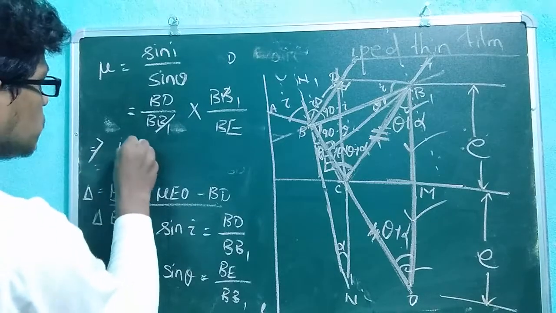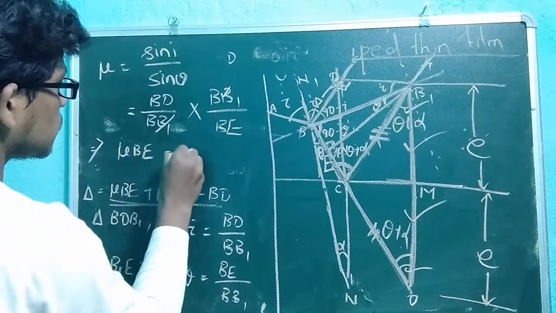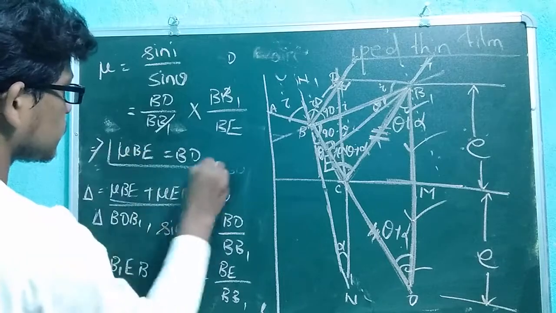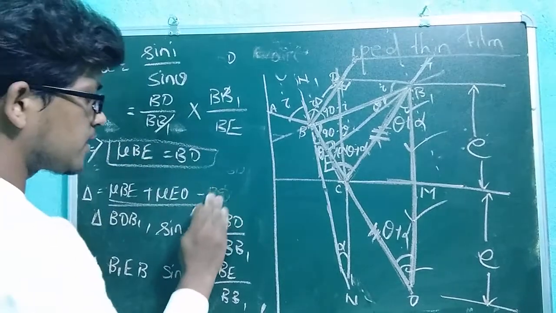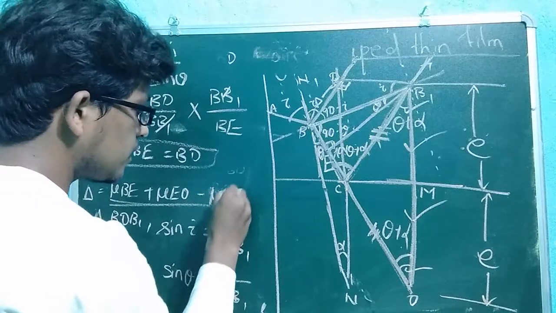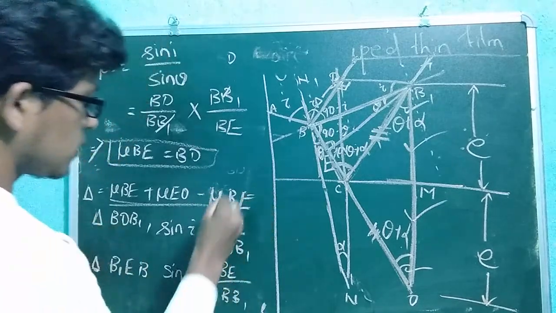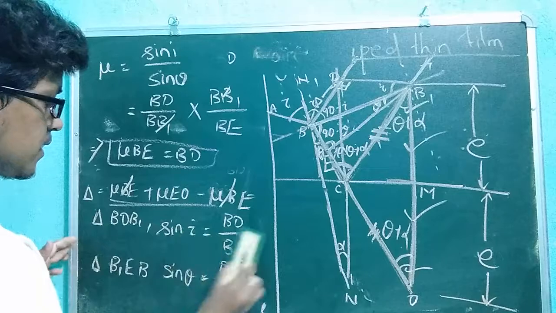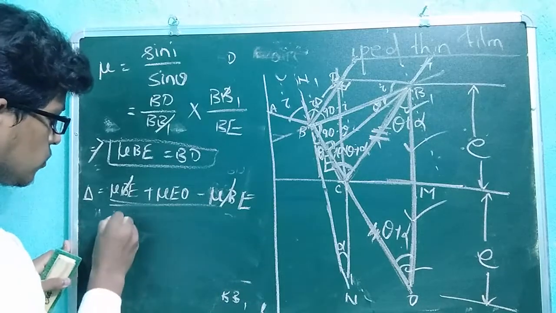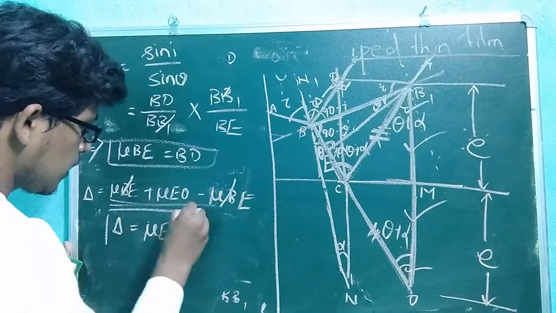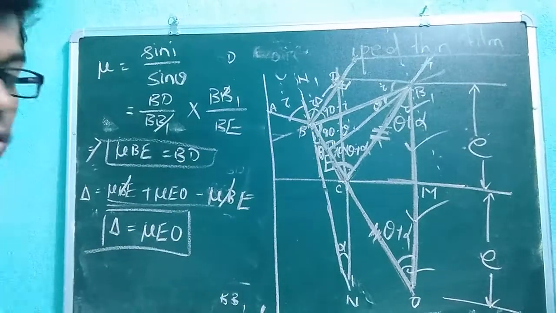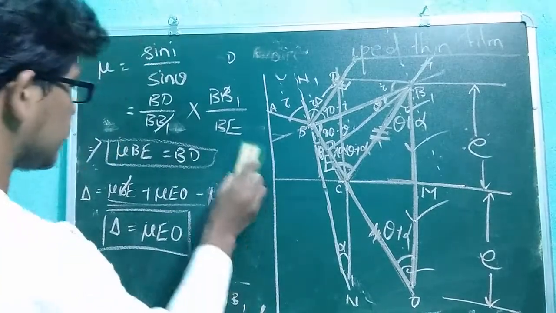So mu BE equals BD. Instead of BD I can write mu BE. This term gets cancelled. So only left is delta equal to mu EO. Now if I calculate this EO, then I will get the path difference completely.